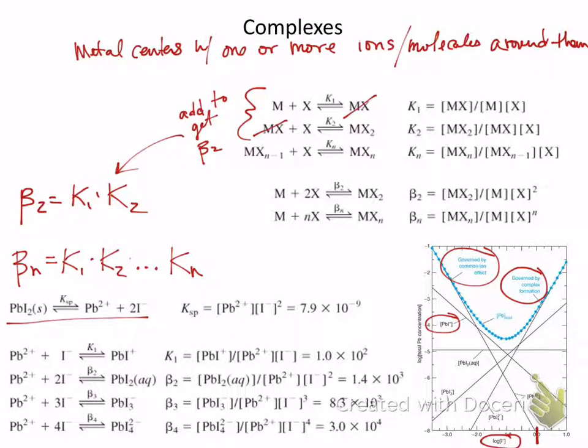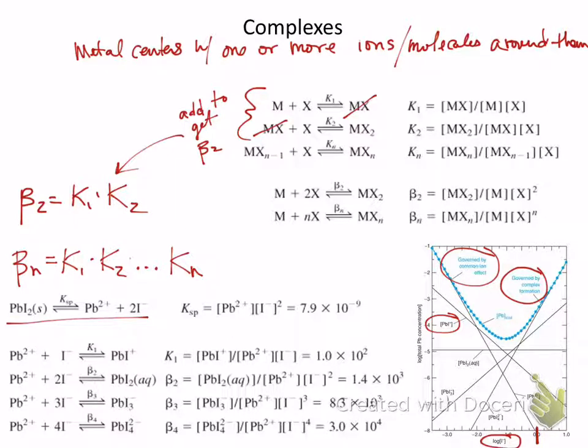But then on the right-hand side, as iodide concentration increases sufficiently, we can actually break the threshold for the formation of each of these other complexes, thus reducing the amount of lead that's actually free in solution, but increasing the total amount of lead that's in solution, because now the solubility of lead isn't dictated simply by the solubility of Pb2+, because we're adding the solubility of Pb2+ and PbI+ and PbI2 along with PbI3- and PbI4 2-.